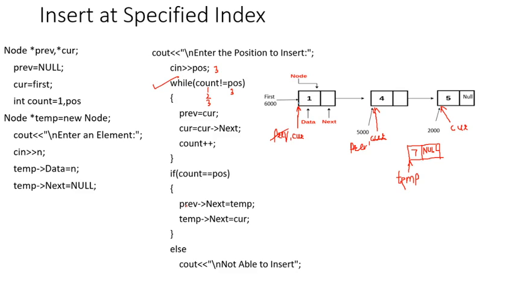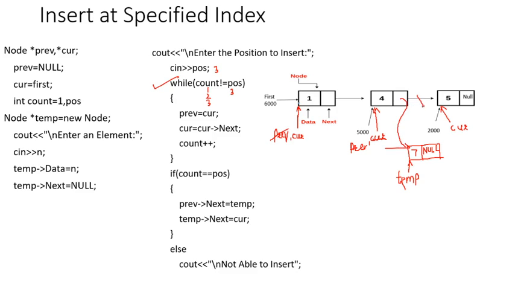So what do we need to do? We need to establish the link between 4 and 7 and between 7 and 5, because this newly created node will get inserted between 4 and 5. The address of 4 is in prev, so prev arrow next is equal to temp, so it starts pointing to this node.